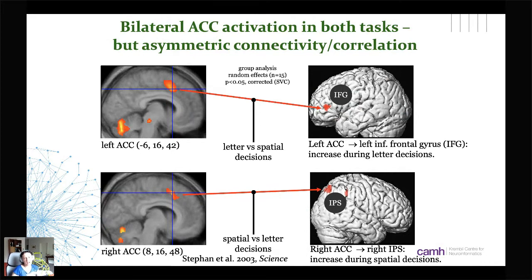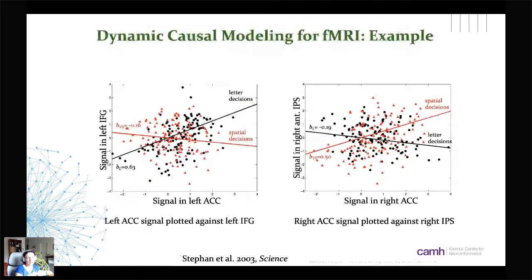So we have the same area, but participating in a different context, in a different network, depending on the type of decisions participants are making. So here, we can see the same effect by looking at the slope. And you see here, signal in left ACC predicts signal in left IFG for letter decisions, but not spatial decisions, whereas signal in right ACC predicts signal in the right inferior parietal sulcus for spatial decisions, but not letter decisions.